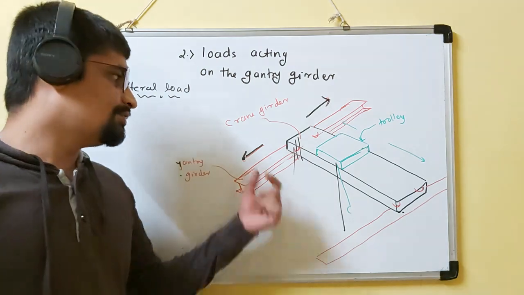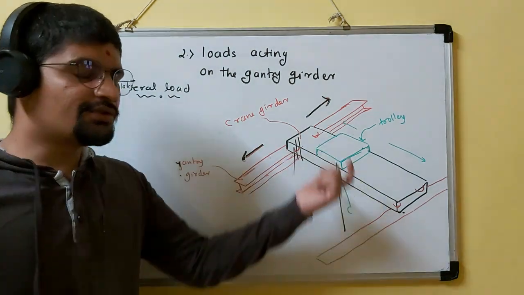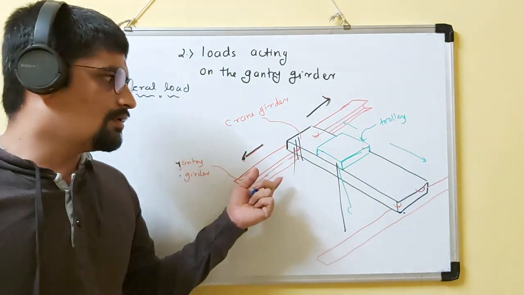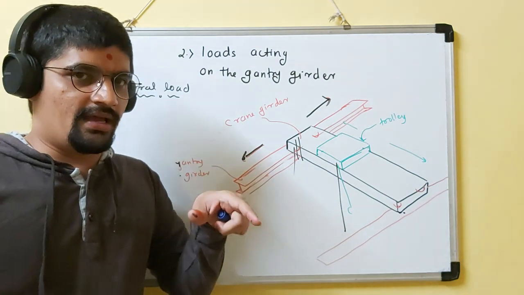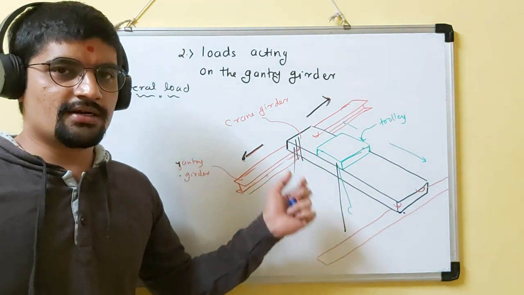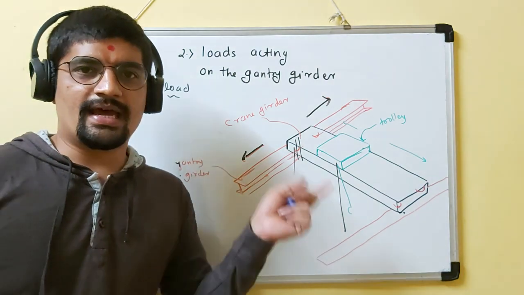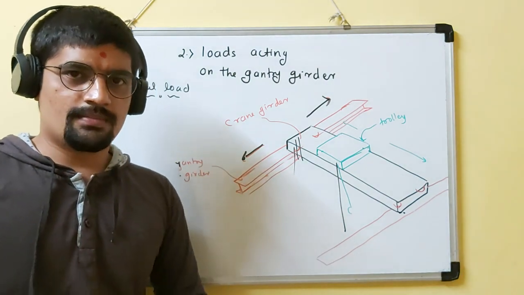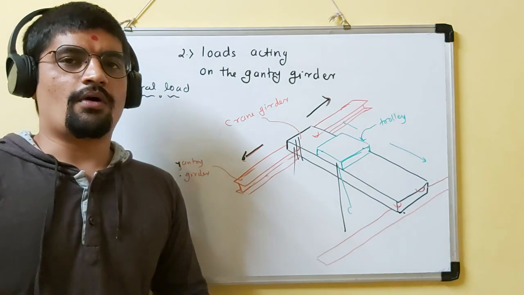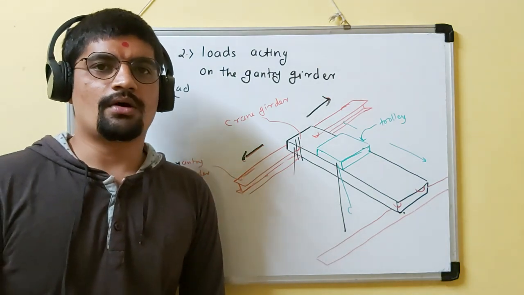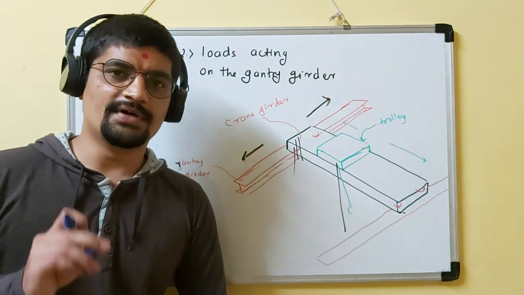The longitudinal load will occur in longitudinal direction and the lateral load will occur in lateral direction, and in lateral direction the trolley is moving. So the same definition as per the longitudinal load, but in this the load will occur due to the movement or the starting and stopping of the trolley.